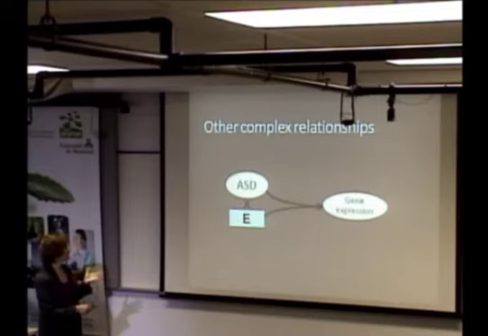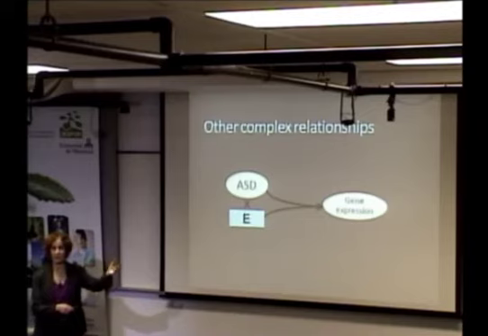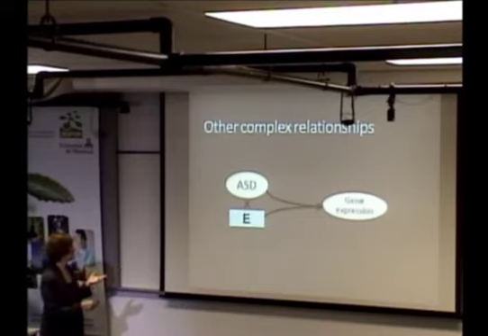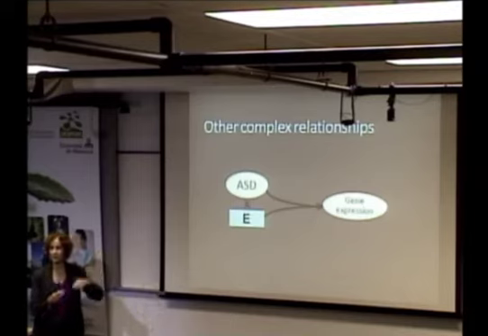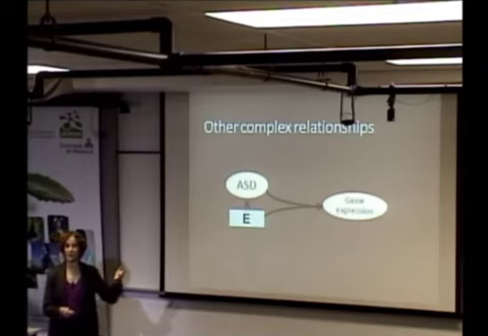That was in ASD children. But one of the possibilities is that the brains in children who are susceptible to developing ASD might actually be influencing the way in which the exposure affects gene expression. So it could be a kind of reverse causation going on as well.